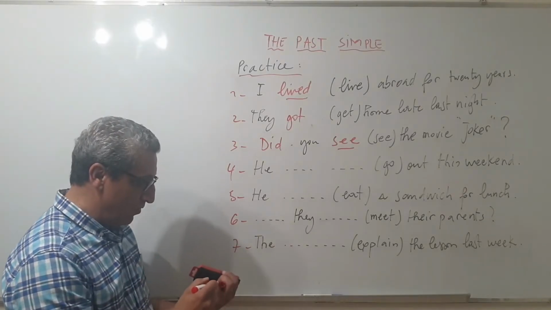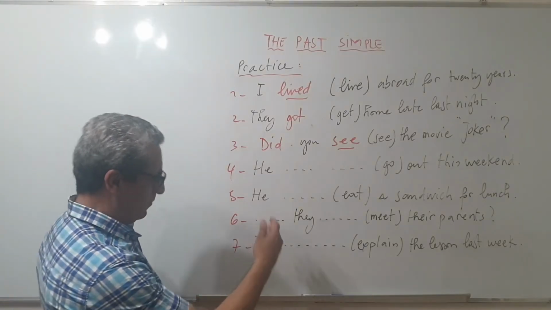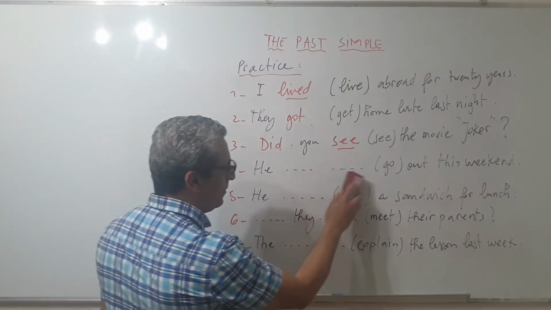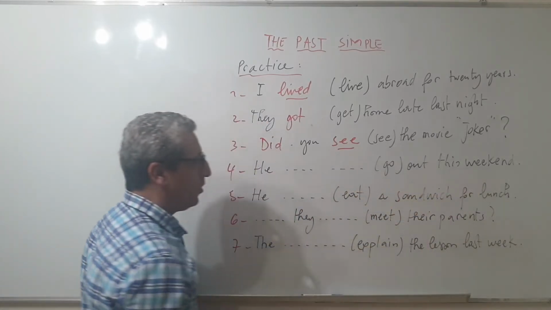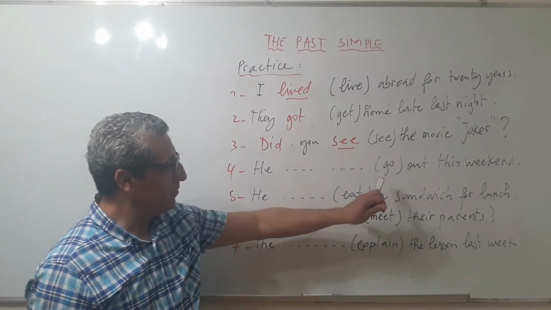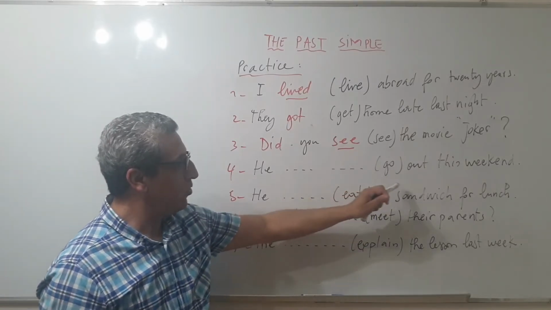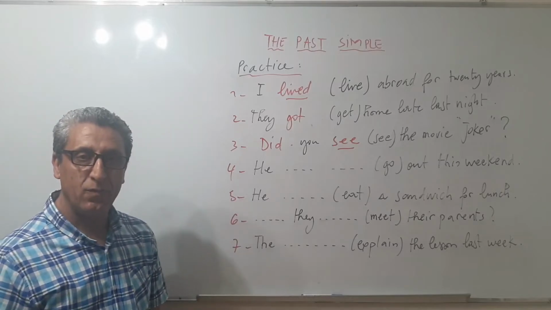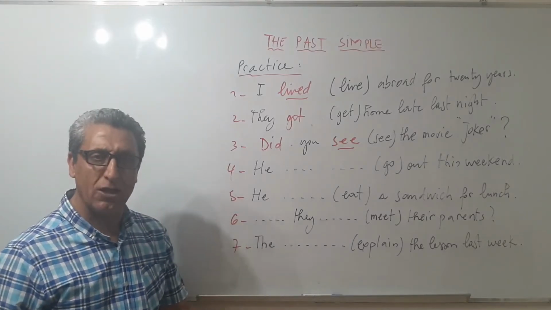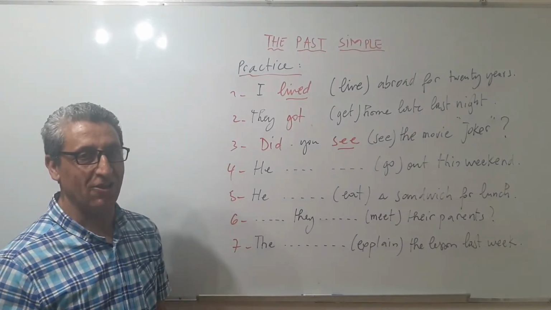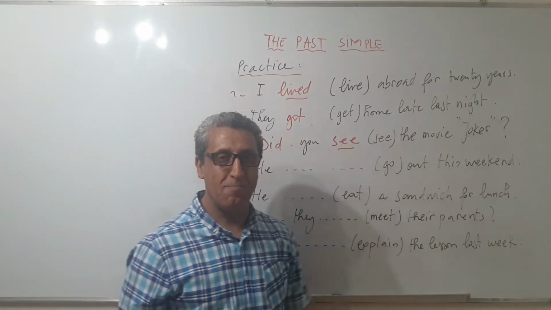Okay, number 4. He go out this weekend. What form is the sentence? Is this a question? No, I don't think so, because there is no question mark.